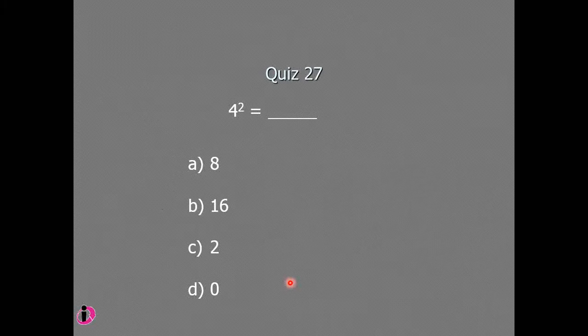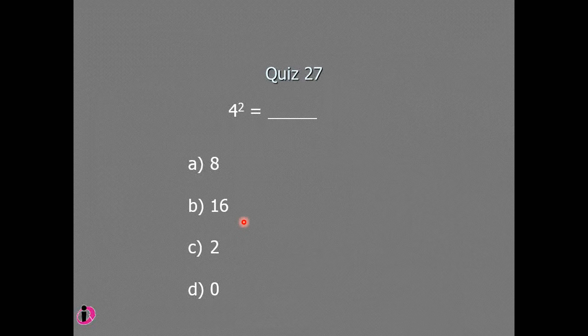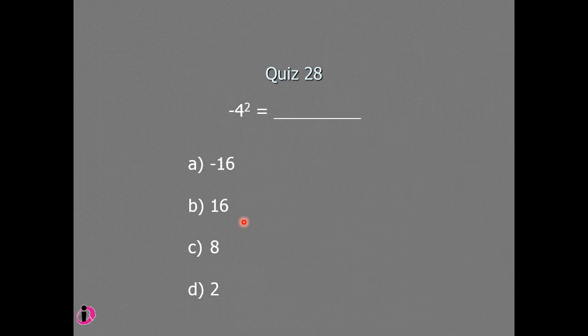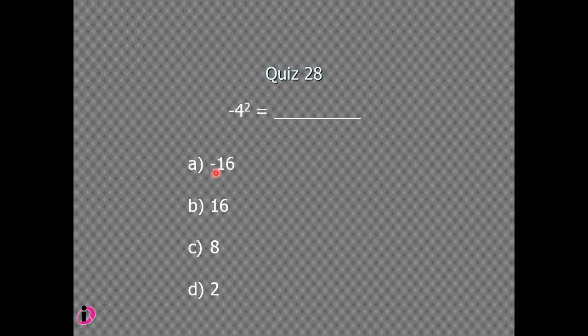Let's try some quiz questions here. 4 squared, 4 times 4, right? 16. Right answer is B. -4 squared is -16, right? Because the square is not applied on the negative sign, so you still have one negative sign.